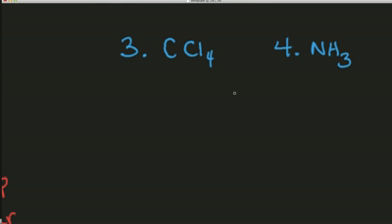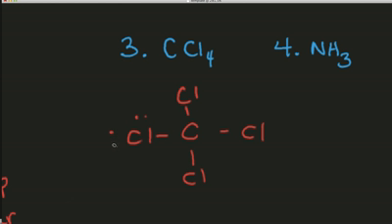All right, let's look at carbon tetrachloride. You will find that it will look something like this. Halogens form single bonds. Let's make that one paired, that one. And that should be formal charges of 0 for everybody.